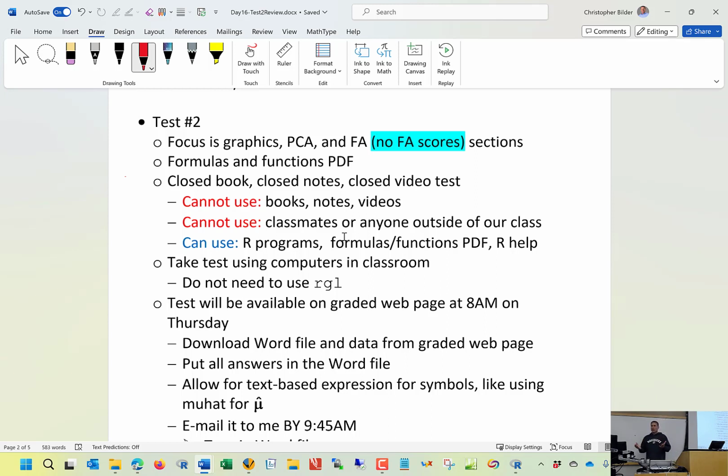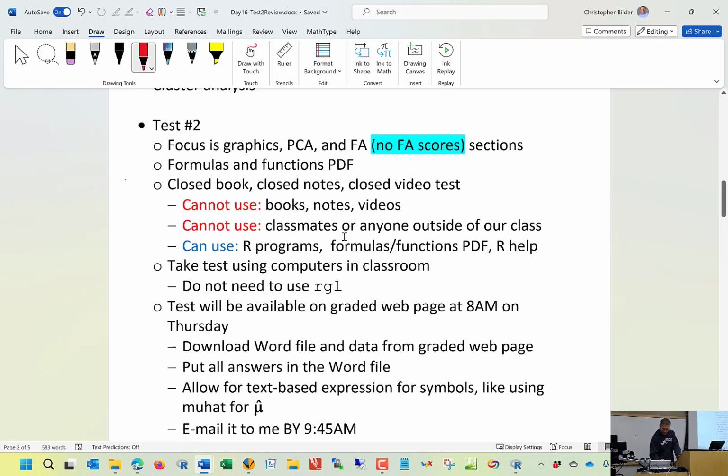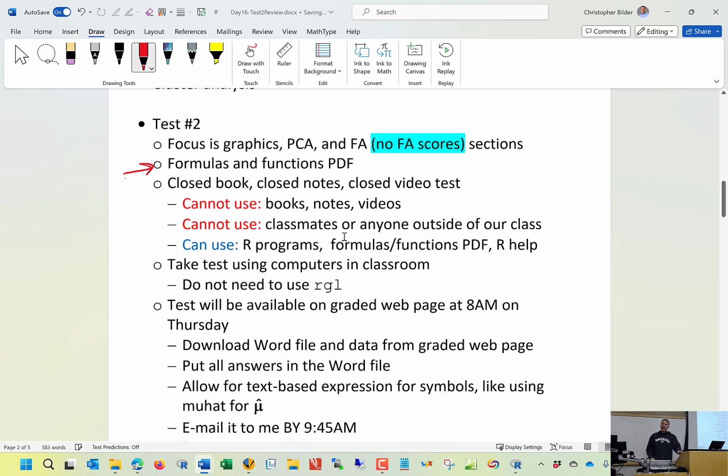The actual test format is essentially the same as our previous test, but I think it's helpful to go through some of the elements just to make sure there's no confusion. Last week, even though I didn't announce it, I put a formulas and functions PDF on my course website, on the graded web page.